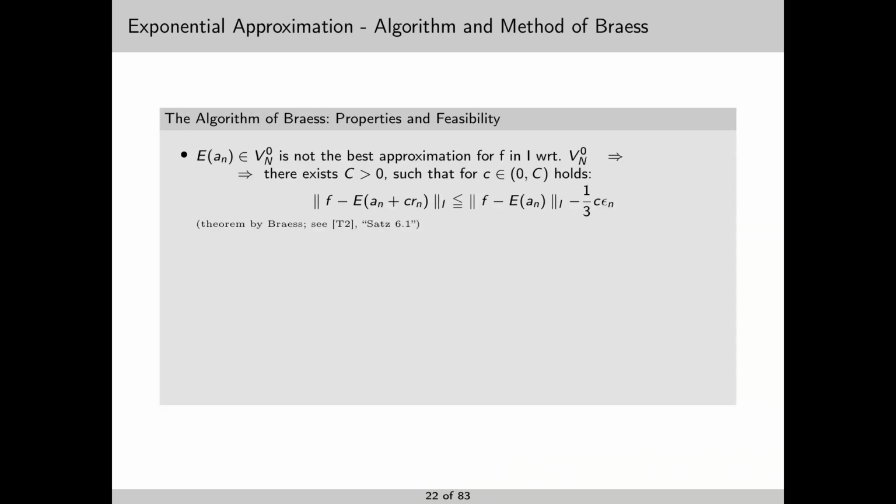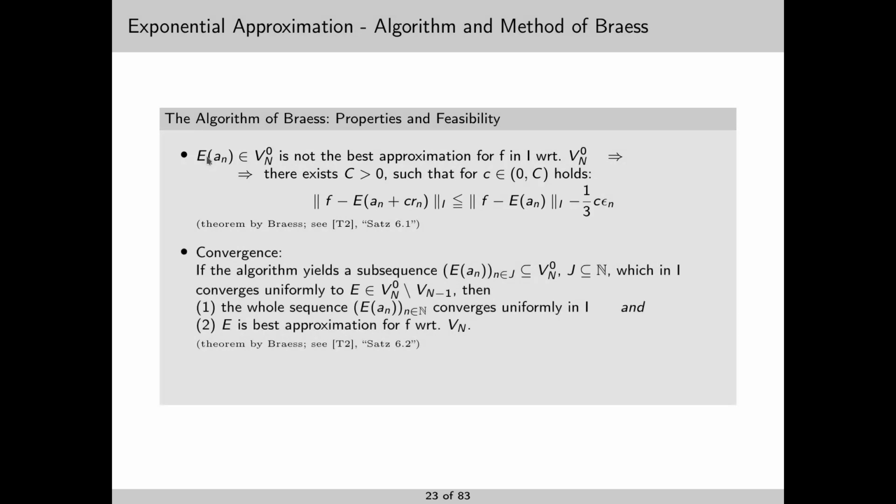Braess has shown that there always exists a constant c greater than 0 if exponential sum e of a^n is not the best approximation. That is, step 3 of the algorithm can be successfully executed under this condition.